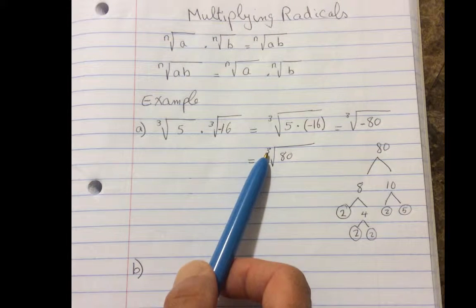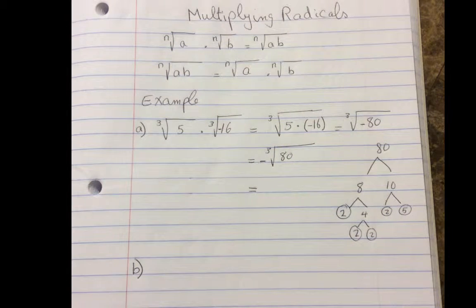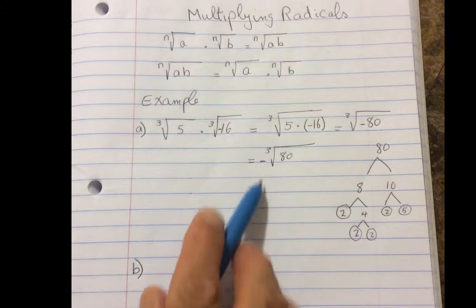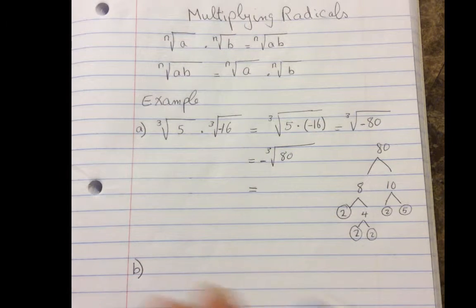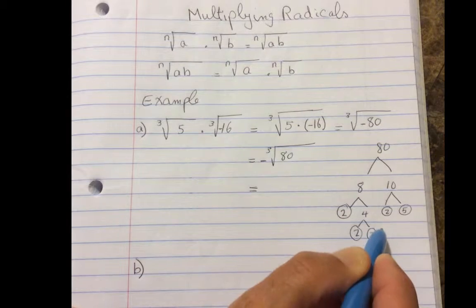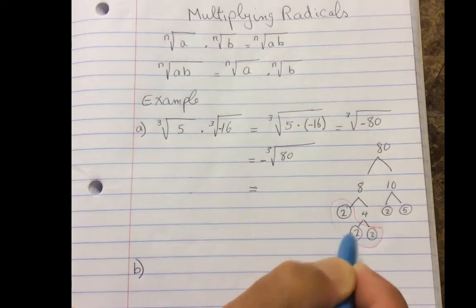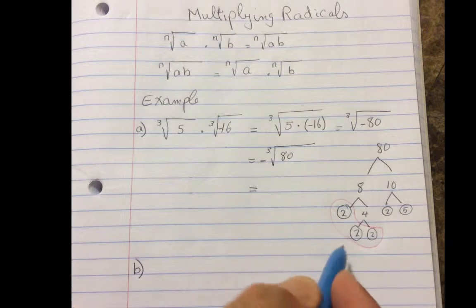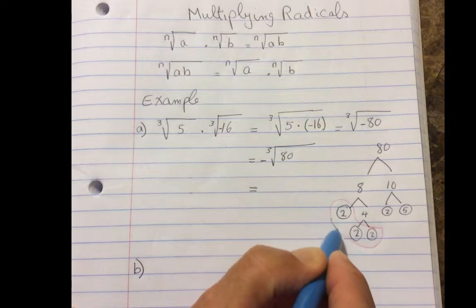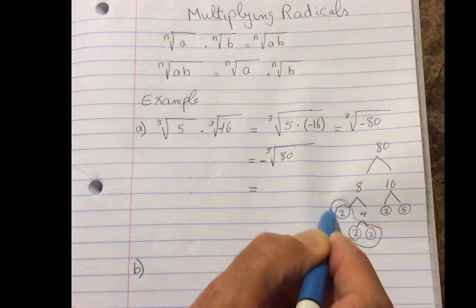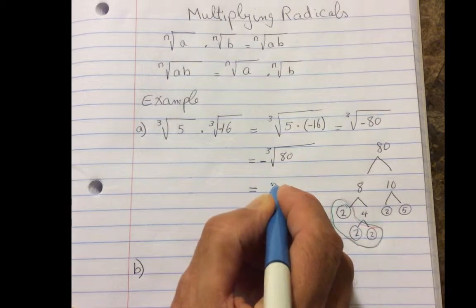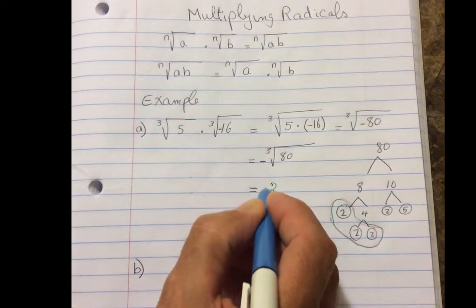Over here, we want to find cubic roots, so we want to group them in groups of 3, like 3 similar numbers. So here are three 2's like this, and this is going to be one 2 outside the radical. So one 2 outside the radical, and don't forget that we have the negative here from before.